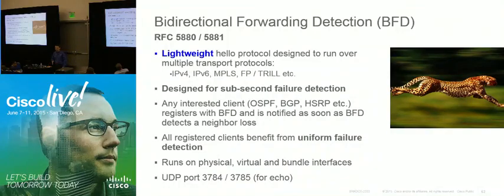So with BFD, we have one set of timers, and we rely only on that for all of our clients. That's pretty cool. And the one thing to remember is that out of all the features we discussed today, this is the only mechanism that was designed from the ground up to do sub-second detection. So keep this in mind.